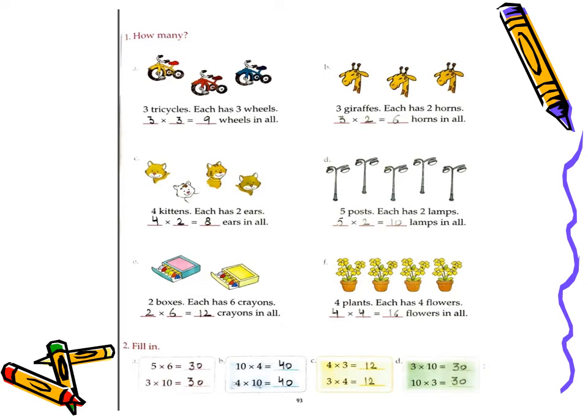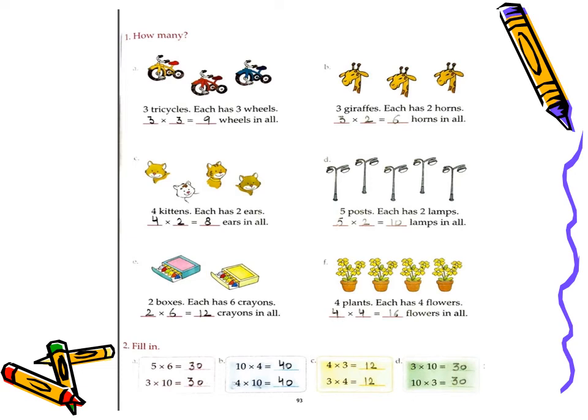You can count the total number of crayons also. F part, 4 plants, each has 4 flowers. So 4 into 4 equals 16 flowers in all. I hope you all have completed A, B, C, D, E, F parts by now. Let us move to question number 2.